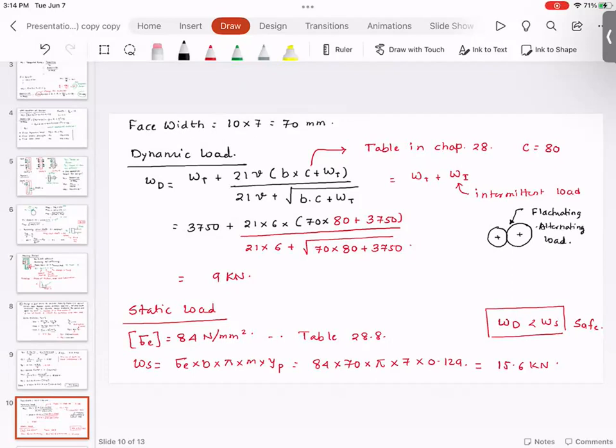So dynamic load is the WT, which is the tangential load, plus a fraction of the tangential load that is assumed so that we can account for the fluctuating load or fatigue load. So that's why this dynamic load is considered.